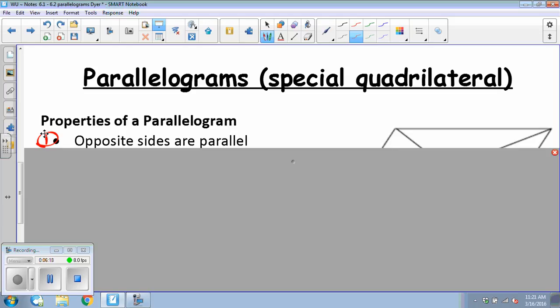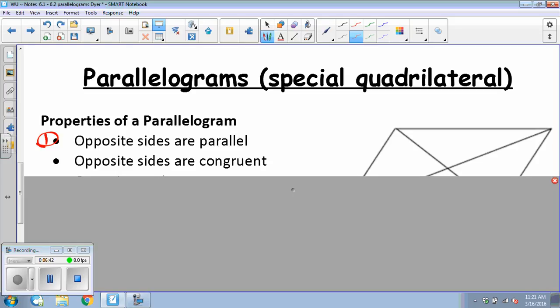That's not part of the properties of parallelograms. You should just be able to recognize that. Does everyone see that the diagonal is a transversal? Okay, good. So, opposite sides are parallel. Both pairs of opposite sides are parallel.